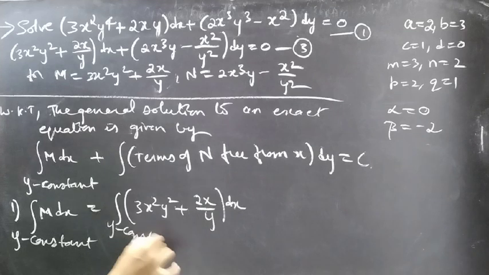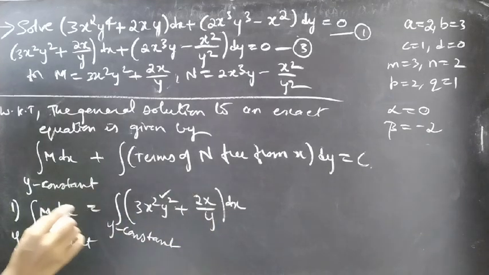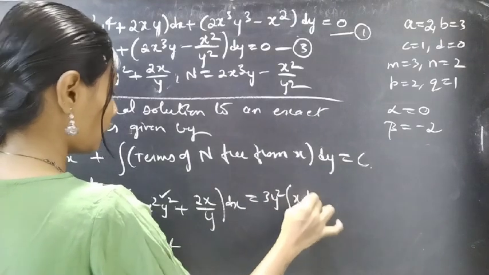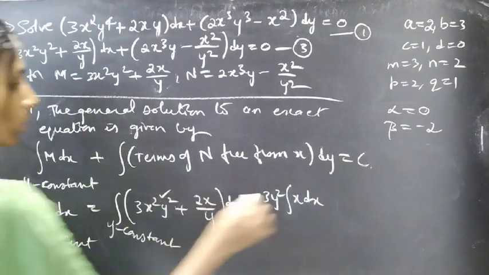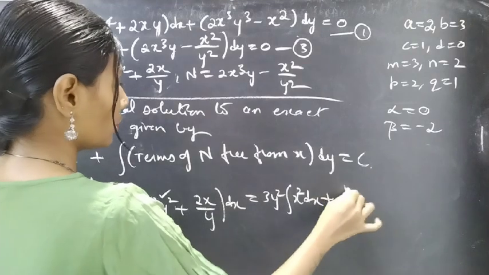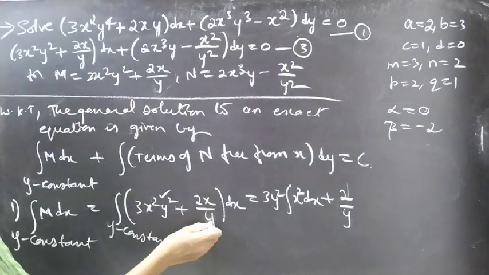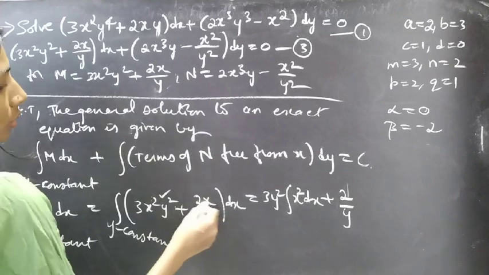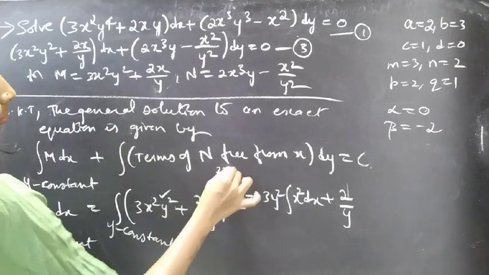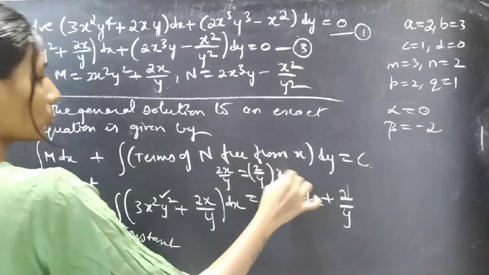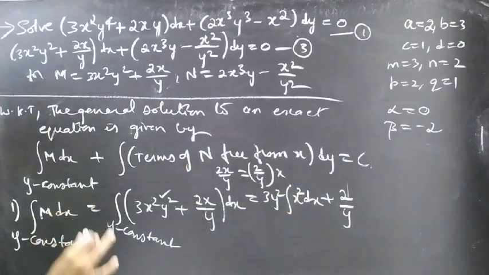In the first term y square is constant, and in the second term 1 by y is constant. So we'll write this as 3y square into integral x square dx, plus 2 by y into integral x dx, where you can write 2x by y as 2 by y into x, with 2 by y treated as constant.